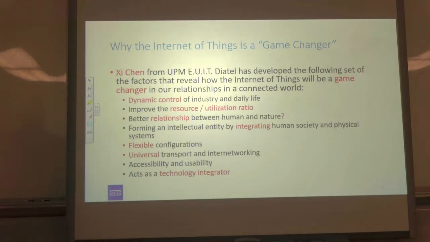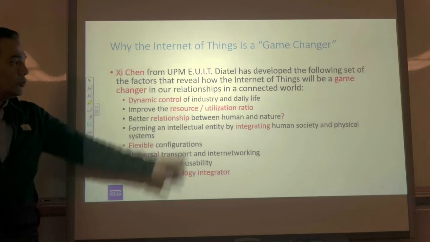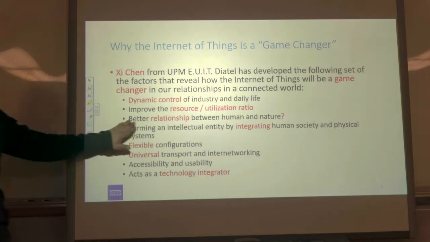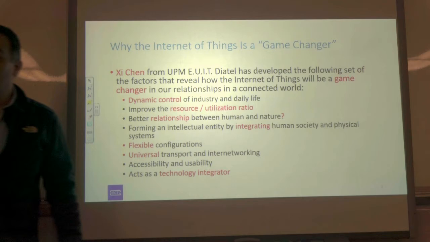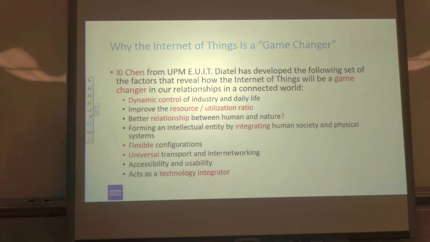If you apply IoT in a factory, in a store, anywhere, it will increase resource utilization. It also gives a better relationship between human and nature. There are many things we don't have to interact with nature for; we make devices do them for us. One example is the pandas. If we consider pandas part of nature, we could always protect them by applying IoT devices, or wireless sensor network devices.